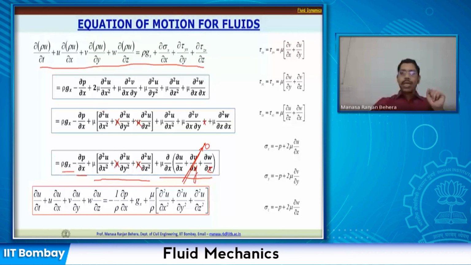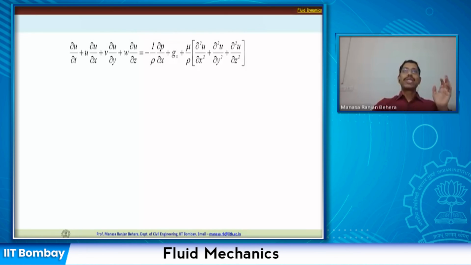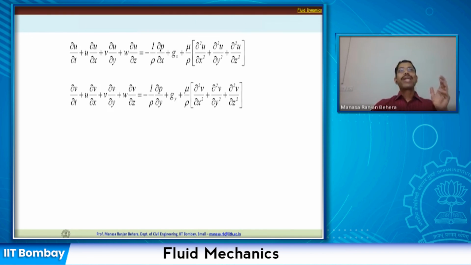Now, once we have derived this, let us look at a compact form and at the expressions in all different directions. What we have derived is for the x direction alone. Now in the y direction, the change is ∂v/∂t; everything else remains the same, only the u changes.